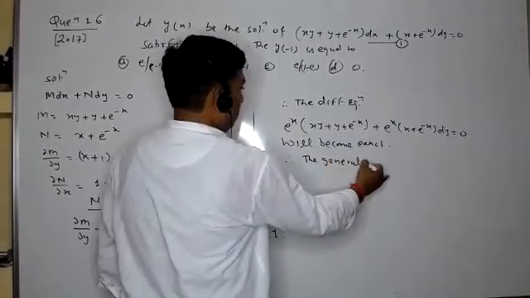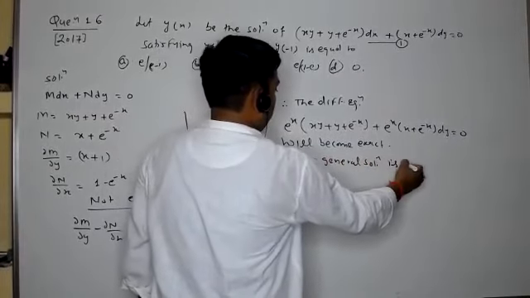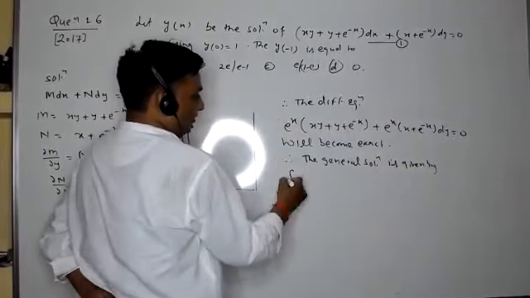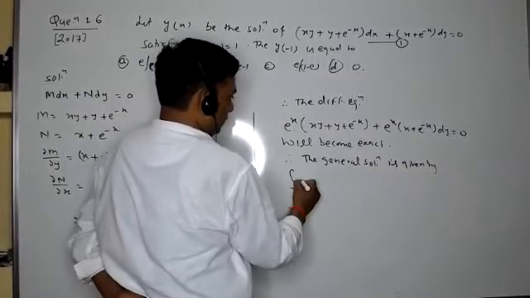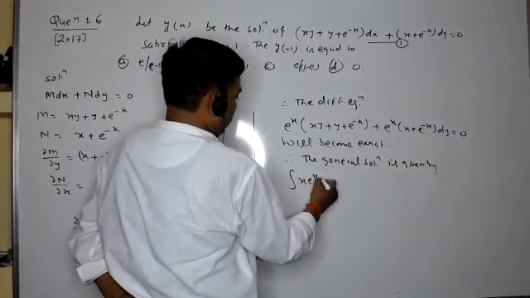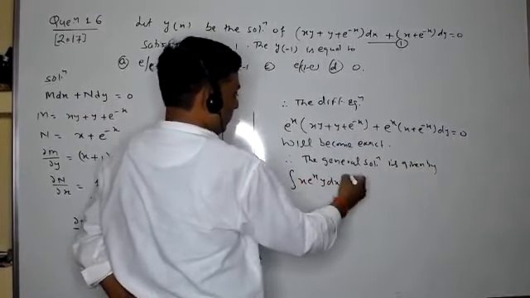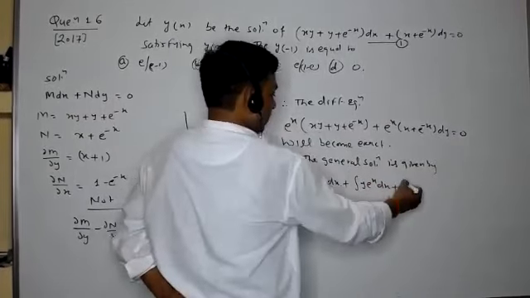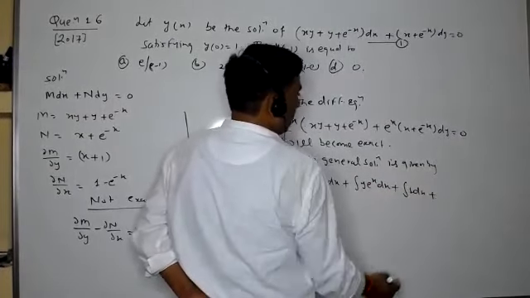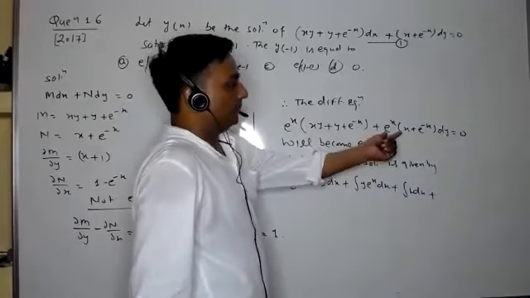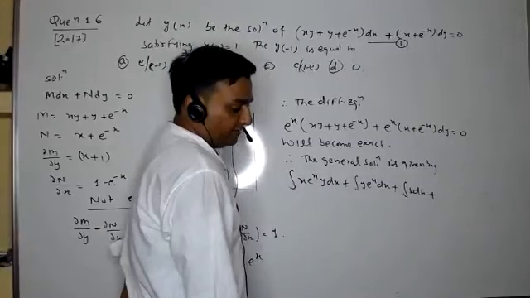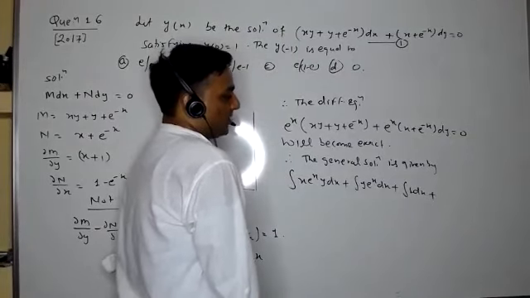The general solution is given by the integration of M dx, so that will be x e raised to the power x plus y e raised to the power x, plus the integral of 1 dx for the terms independent of x in N. So what are the terms independent of x in N? Anyone?